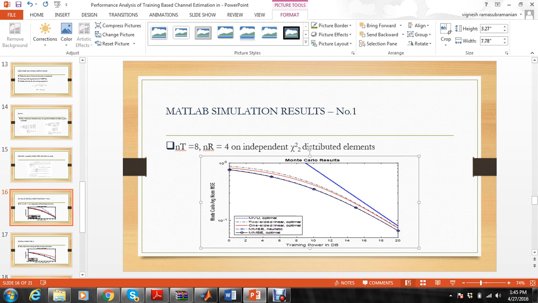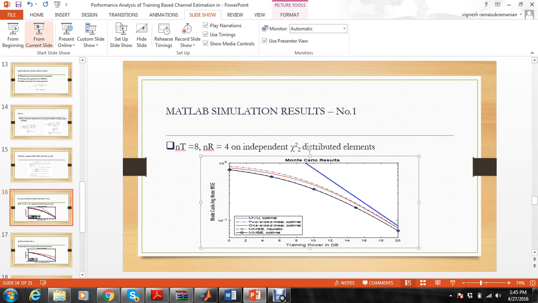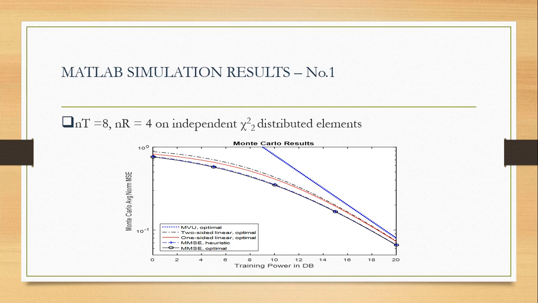This shows that the ML optimal has the poorest performance, and one-sided and two-sided optimal also have poor performance. But the performance of MMSE heuristic and MMSE optimal are found to be nearly equal.